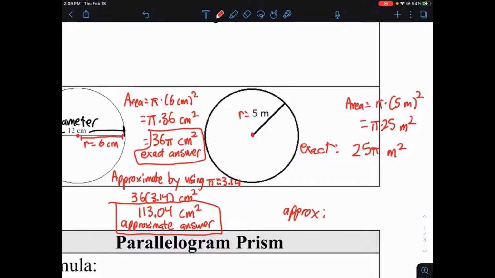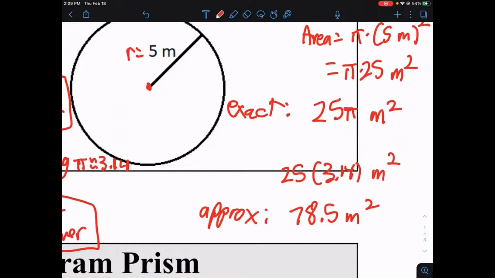And now for the approximation, we replace the pi with 3.14. Make sure you see the pi symbol goes away. It got replaced with the 3.14. Another mistake I see sometimes is people use the 3.14 but then also put in the pi, and that's not correct either.